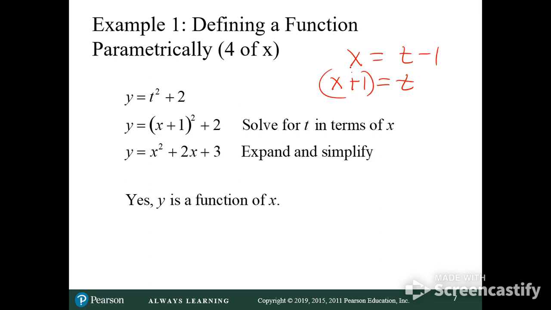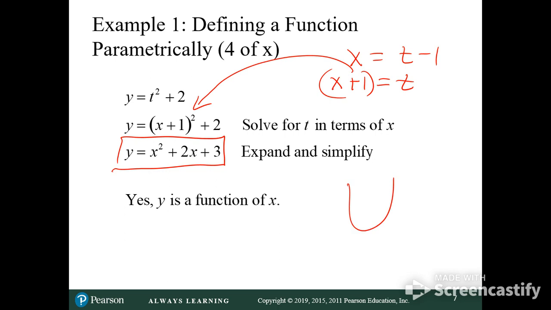You solve for t, stick that into y, and here's what y equals. So y would be a function of x. It would actually be a parabola. So if you are told to find a function for that, you just solve for t for the x part and plug it into y.